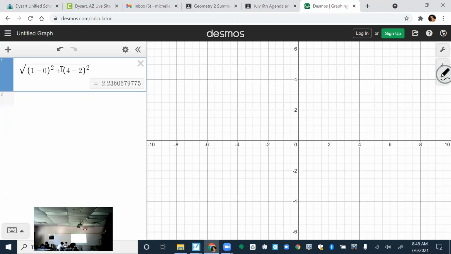If you entered it into Desmos the correct way, then it should look like this.